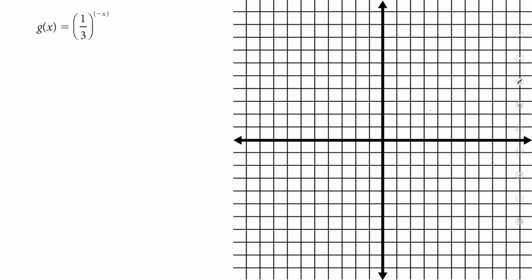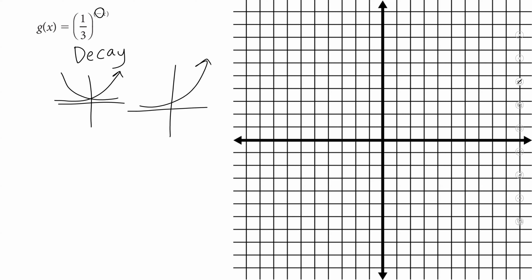All right, so this is what you should have gotten. This is a decay graph. So I know it looks like this, but it was reflected across the y-axis. So now it looks like this. So this is my new graph. So the limit as x approaches infinity for g of x. As I move to the right, what's happening? It's increasing to infinity.